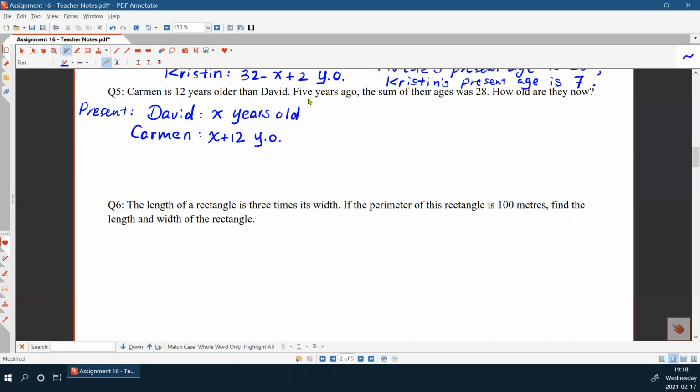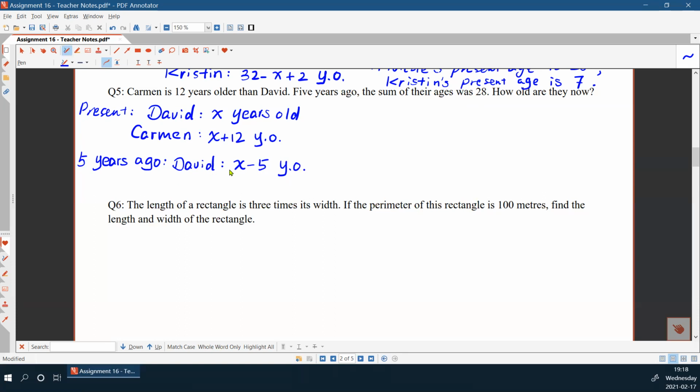We also know that 5 years ago, the sum of their ages was 28. So 5 years ago, how old were they? How about David? 5 years ago, David was X minus 5 years old, right?